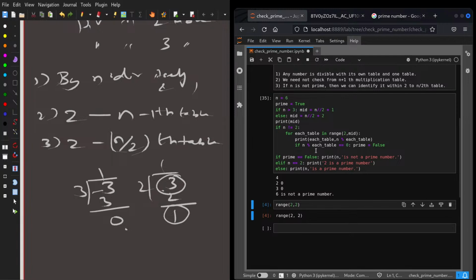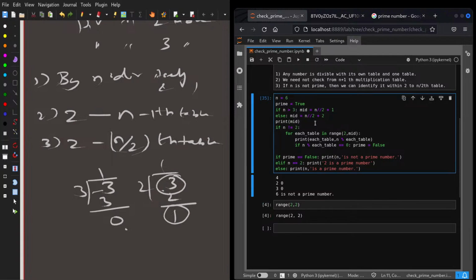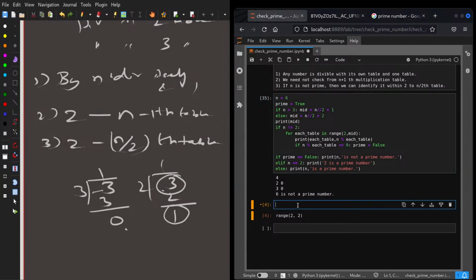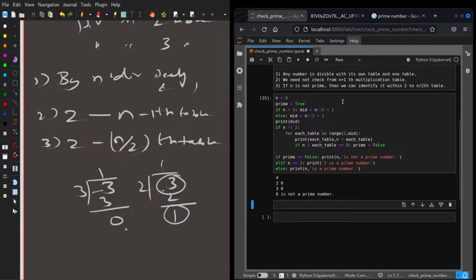The time complexity of the code is currently O of n by 2.